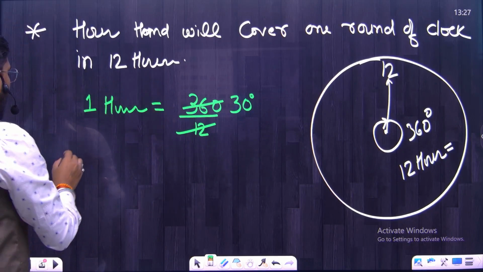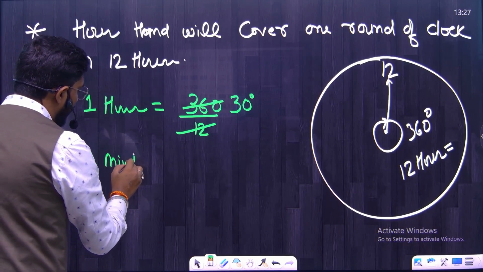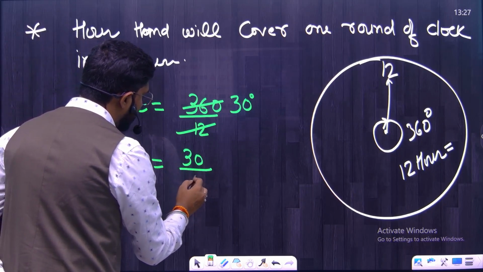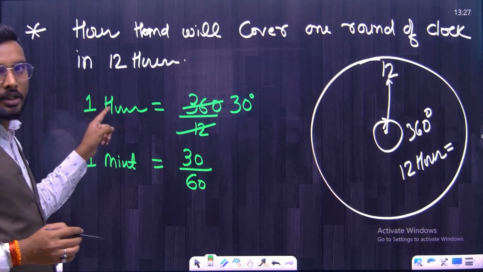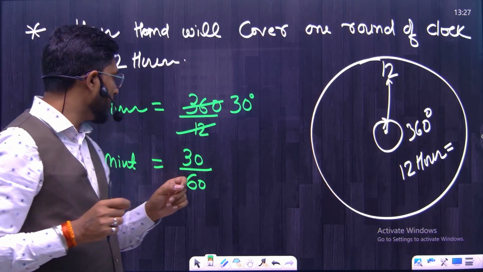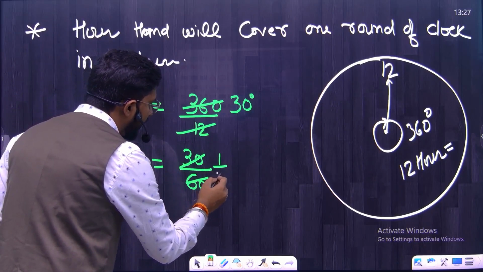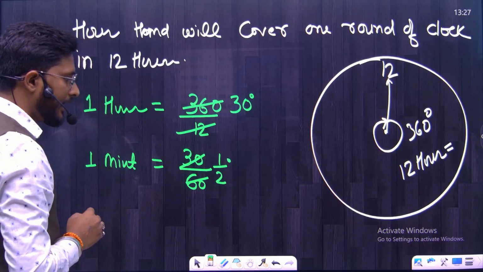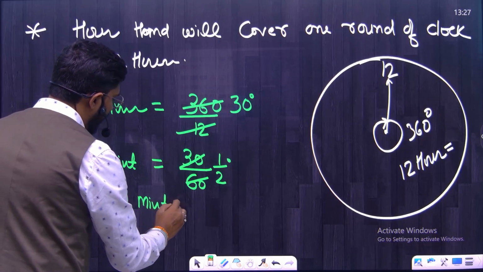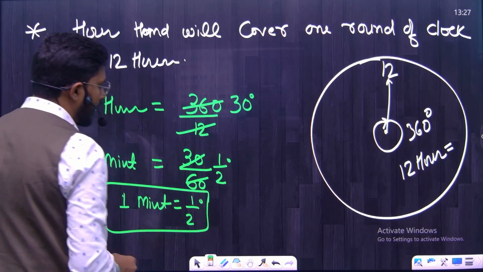And if I ask how much angle it covers in 1 minute, then you will say 30 divided by 60, because in 1 hour there are 60 minutes. So you will get half a degree. So 1 minute equals half a degree.